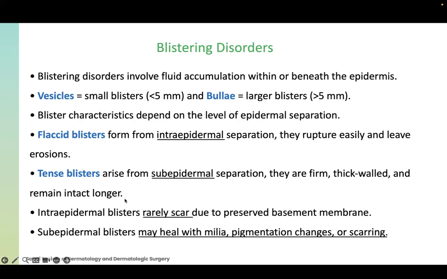There is an exception to this rule. Flaccid blisters, if they present in thick skin, meaning the acral areas, can present as tense blisters, although the separation is intraepidermal, because of the thickness of the skin they look tense.